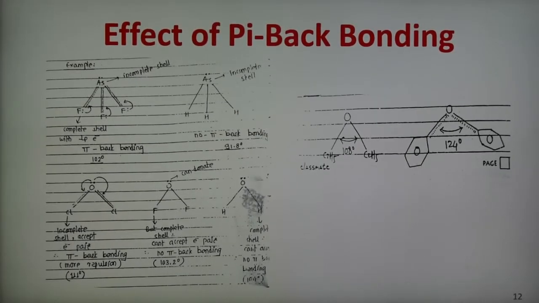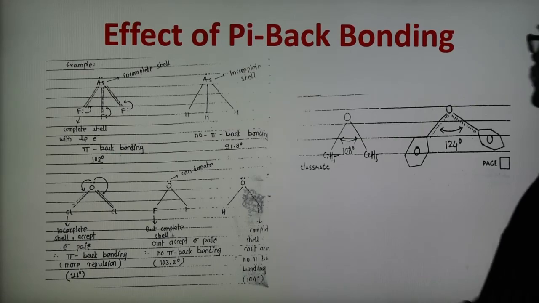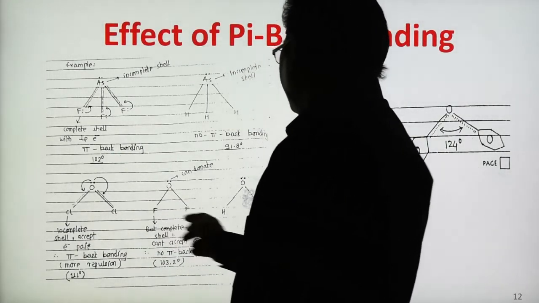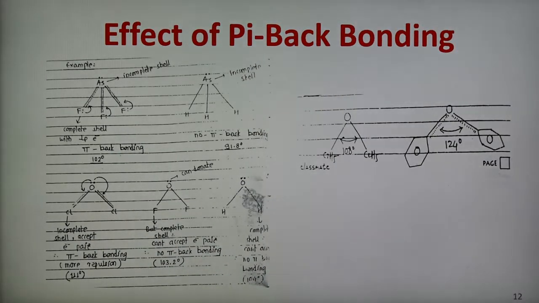Another similar example is shown here: OCl2, OF2 and also OH2. In the case of OH2, there is a completely filled shell that cannot accept electrons, and no pi back bonding is observed. So we can say that in OCl2 pi back bonding is possible, more repulsion is there, so a larger bond angle is there.